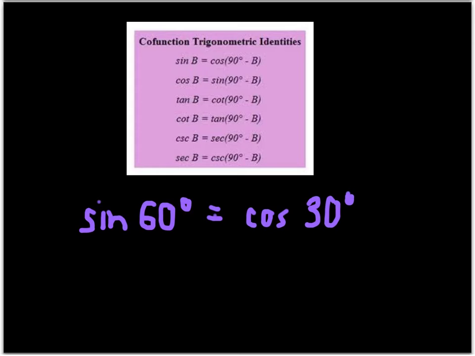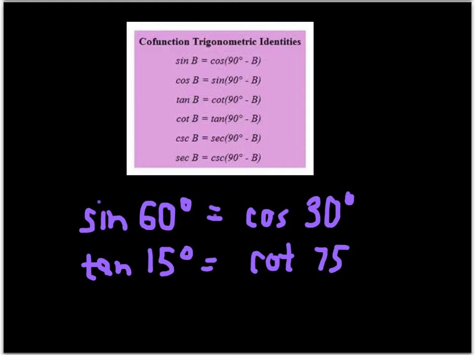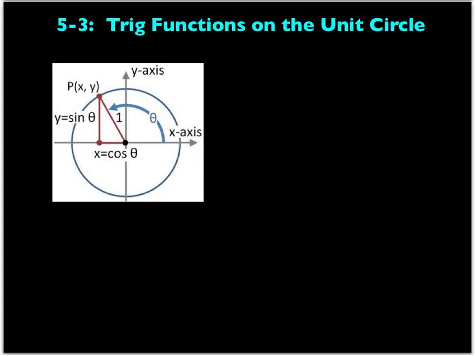And when we have our circle chart, of course, we'll be able to verify some of these things. But this would say that the tangent of 15 degrees will equal the cotangent of 90 minus 15, which would be 75. So kind of a handy identity little chart for you to go by here. These are called cofunctions.